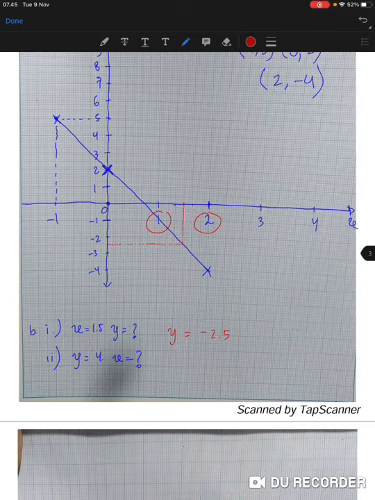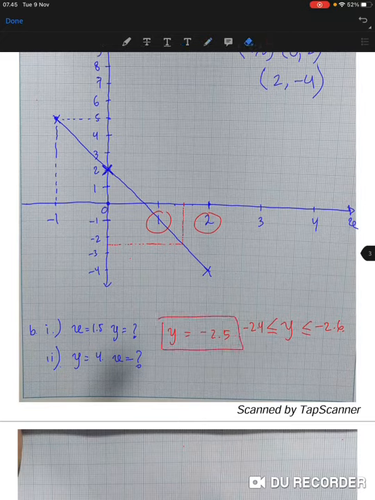For example, for the y here, this one is going to be from -2.4 until negative 2.6. If you give me the answer in this interval, it means you are correct, guys. But the correct one is going to be around negative 2.5, yeah. Okay, so don't worry, I will give you the possible answer.